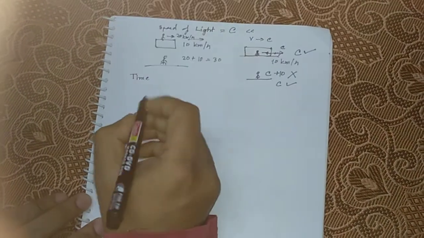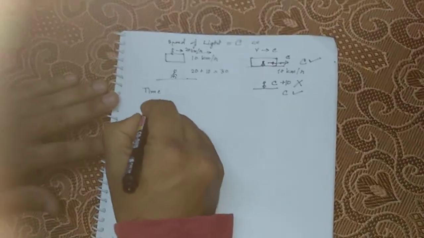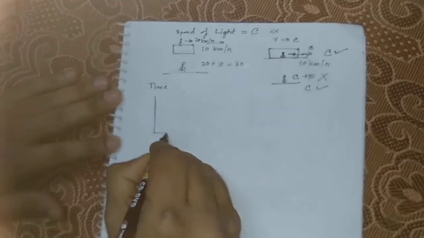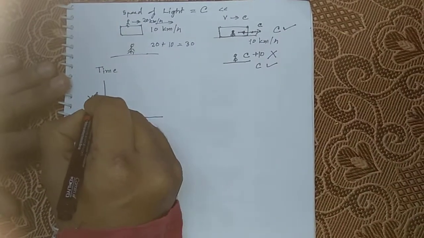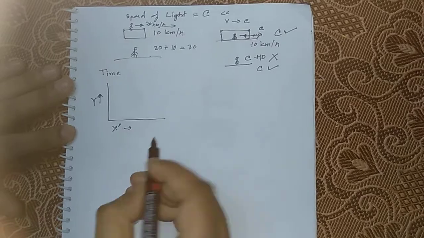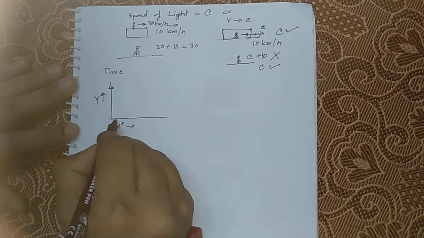Let's say I have created a simple light clock. This is my reference frame, with the x direction and the y direction on this side. I have a mirror here and another mirror here.